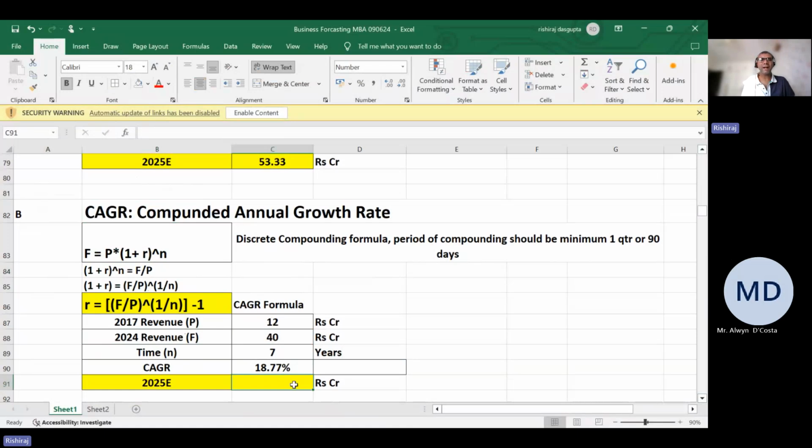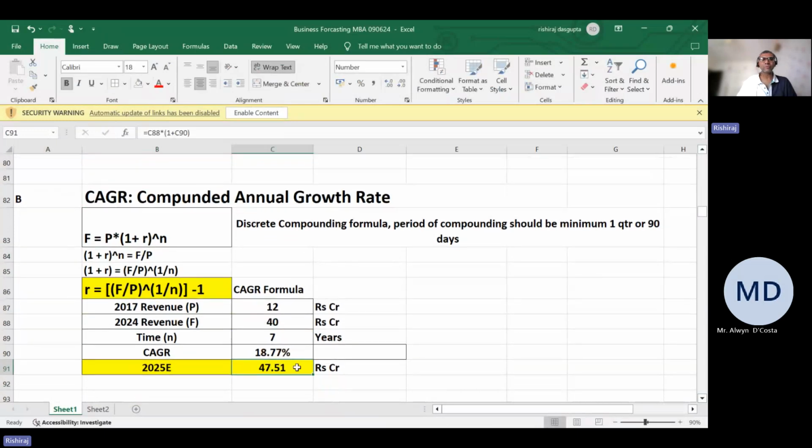This is the forecasting part, similar to what we have done for SAGR. So the last recorded revenue of 40 crore will grow by 1 plus the growth rate CAGR. This time we apply CAGR, not SAGR, and the forecasted revenue is 47.51 crore.